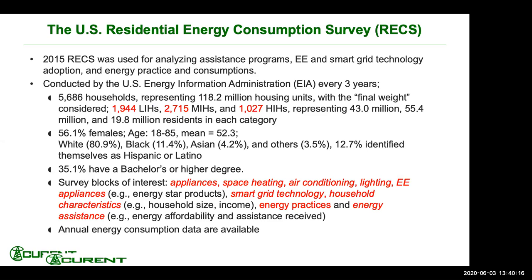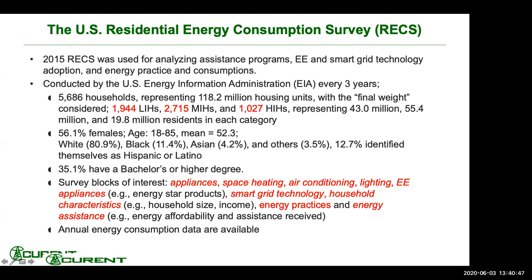And we divided low income, medium income, and high income, based on household size, whether they have children or not, their income level, so it's pretty complex to begin with. And we look at the gender, age, education, and we also analyze appliances, whether they have space heating, air conditioning, all these appliances, smart grid technologies.